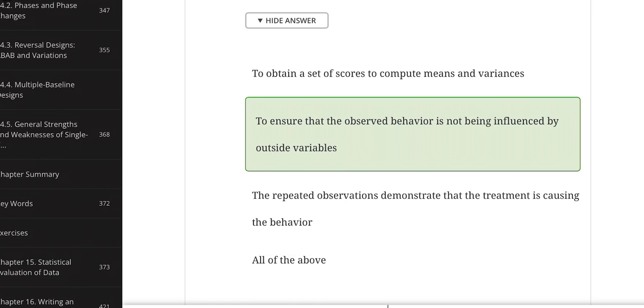Because if we were to change things all the time, then those outside variables would be really hard to see. Or if we were looking at different people and all that, it would be very hard to see. But by looking at the same person under the same conditions in a series of observations, the influence of these outside variables is a lot easier to observe.